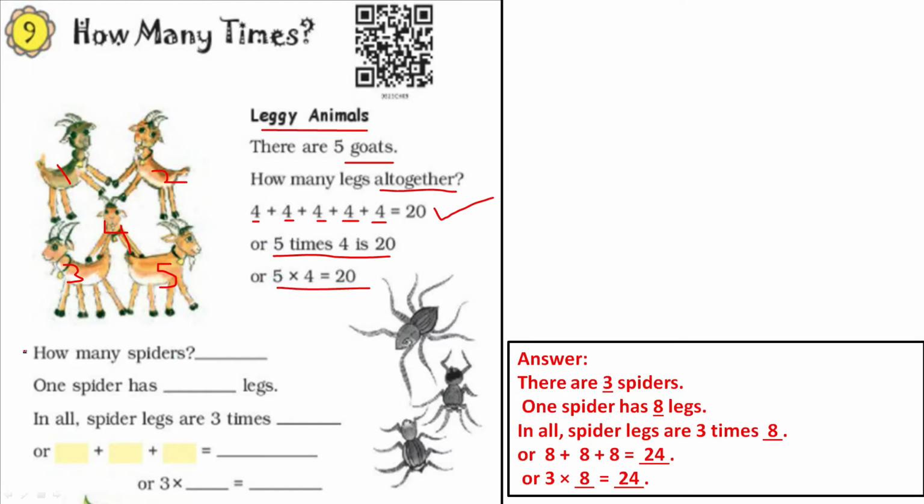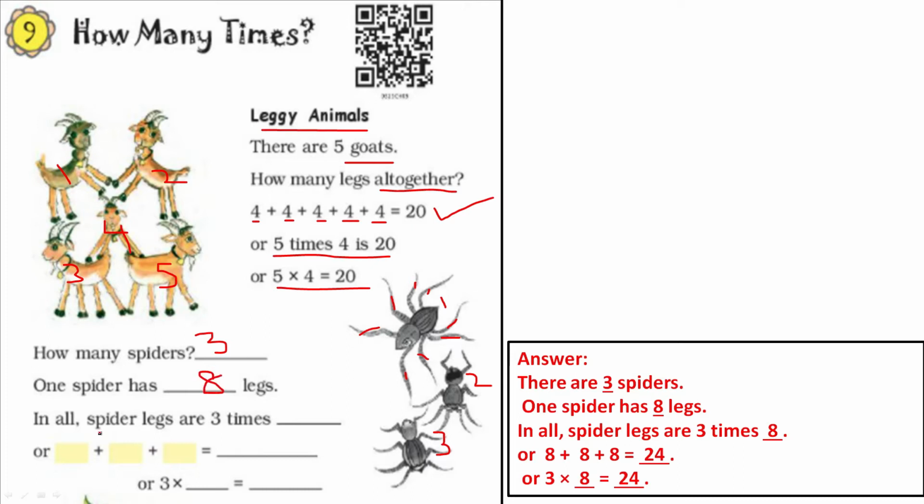Now let us see question number 2. How many spiders? You can count and write 1, 2, 3. So there are 3 spiders. One spider has dash legs. You can count the legs: 1, 2, 3, 4, 5, 6, 7, 8. There are 8 legs.